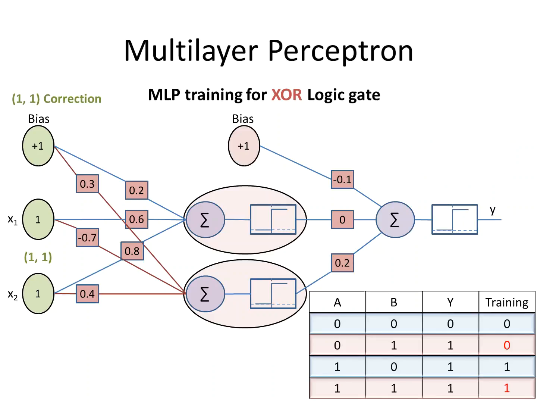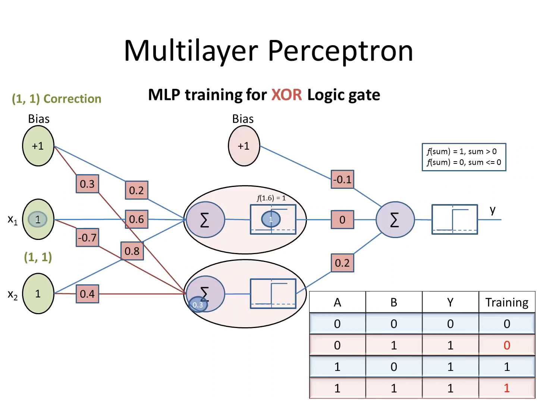So here we changed the first hidden layer weight from 0.7 to minus 0.7. Let's see the output now. In the first neuron, it gives me the output as 1.6, that is 1 after passing through the threshold function.